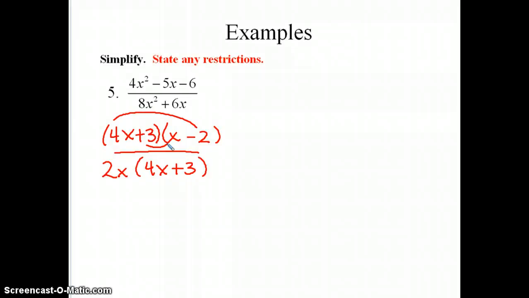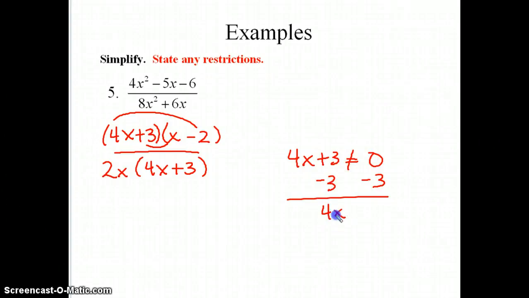I will check with my restrictions. My restrictions will be 4x plus 3 cannot equal 0. I'm going to subtract 3 from both sides, leaving me with 4x cannot equal negative 3. Divide both sides by 4. My final restriction, x cannot equal negative 3/4.